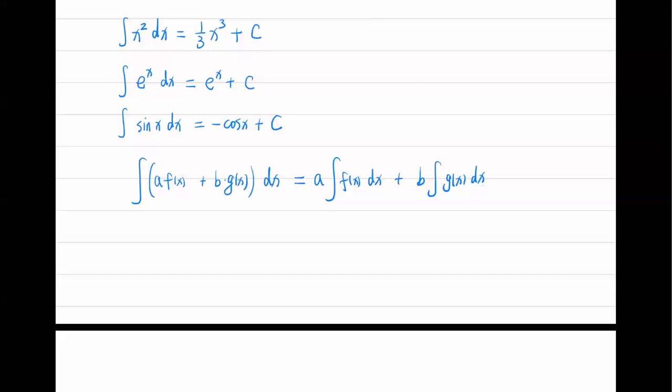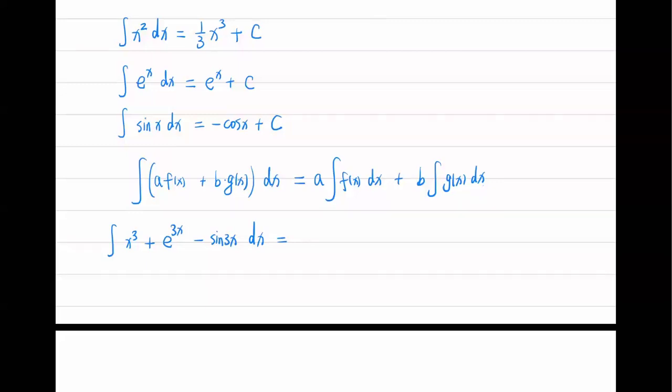Again, this follows from the linear property. That's easy, we skip the proof. Let's find the following indefinite integral of x cubed plus e to the 3x plus sine x. Okay, that was so easy.